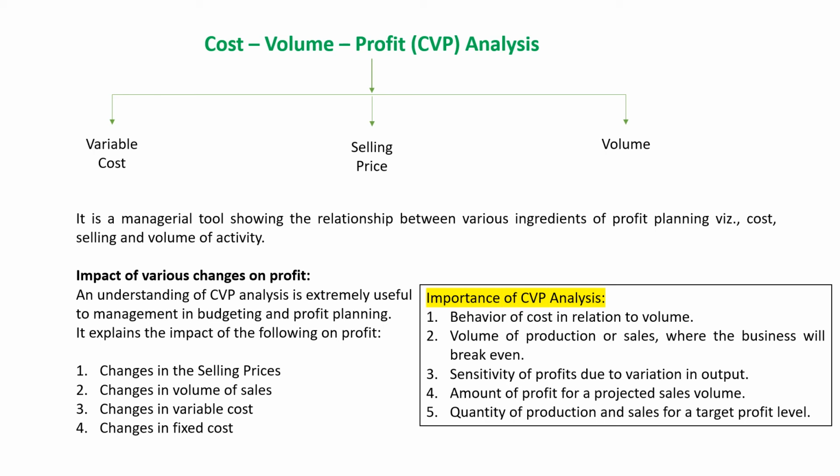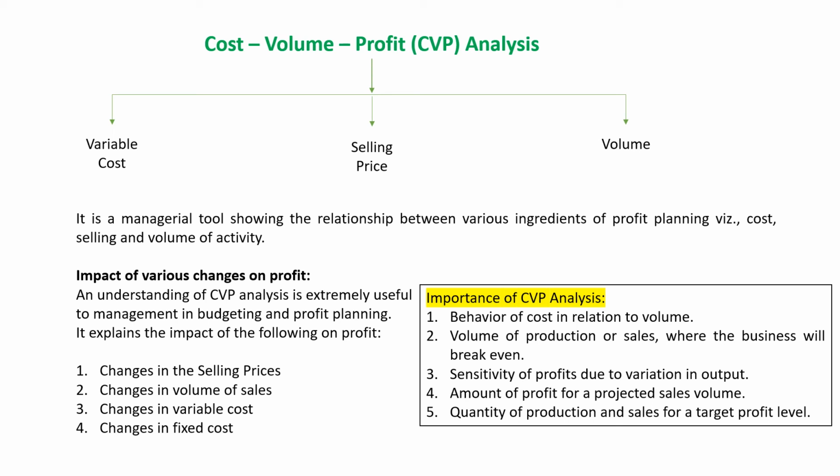Okay, the sensitivity of cost with respect to volume of production or sales, and the volume of production or sales where the business will break even. At what volume the production or sales will be equal to the cost. That means break even means where there is no profit or loss on the product or on the business.